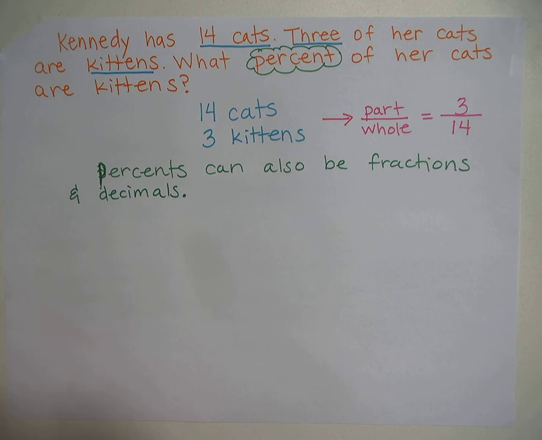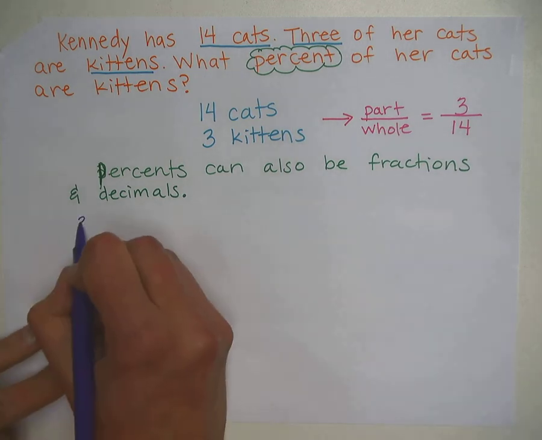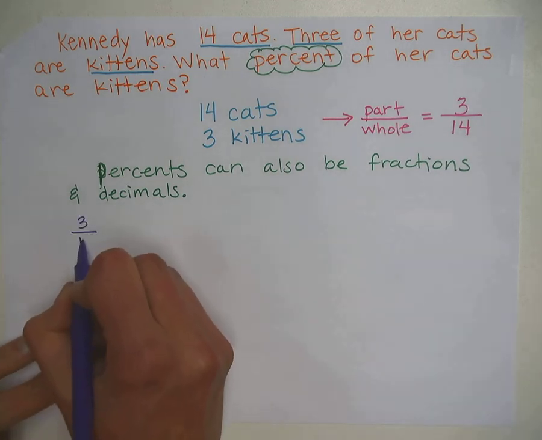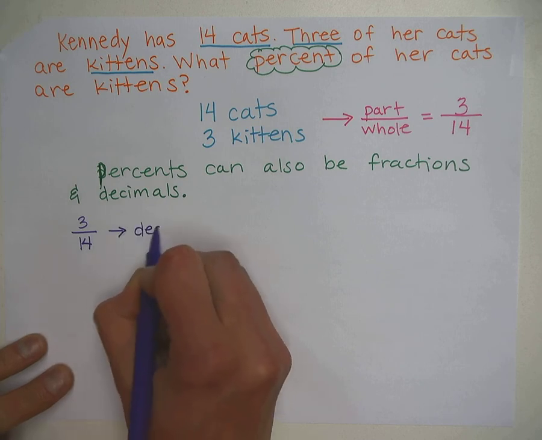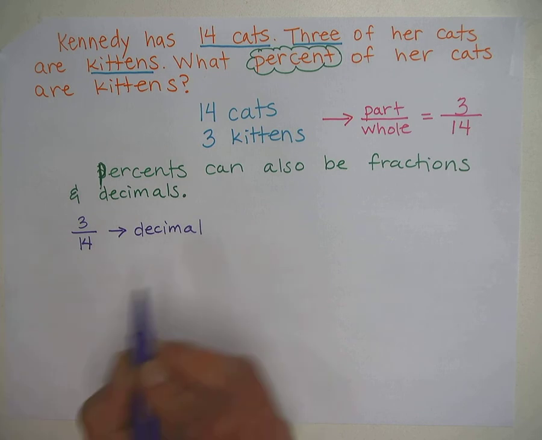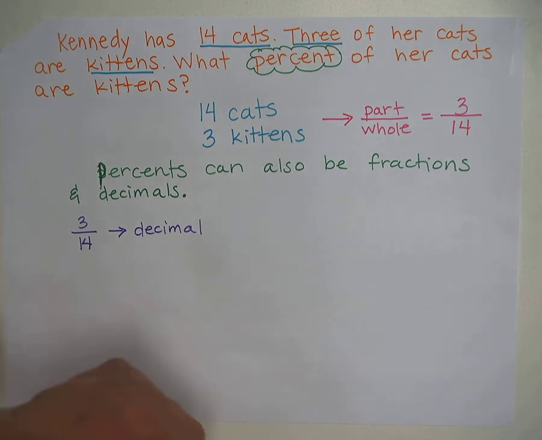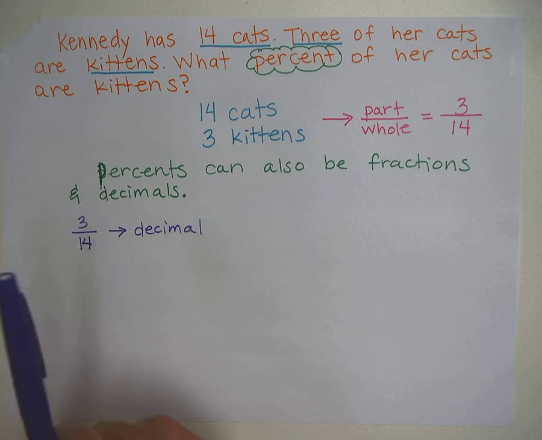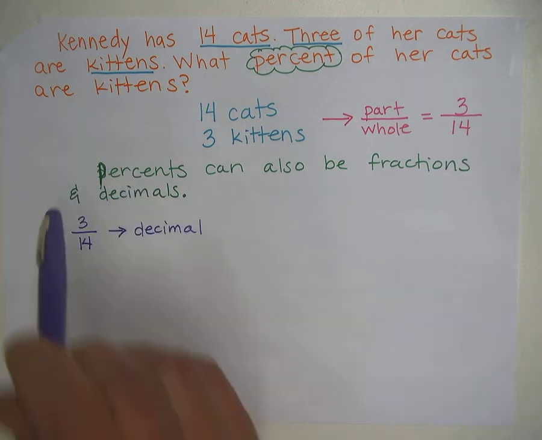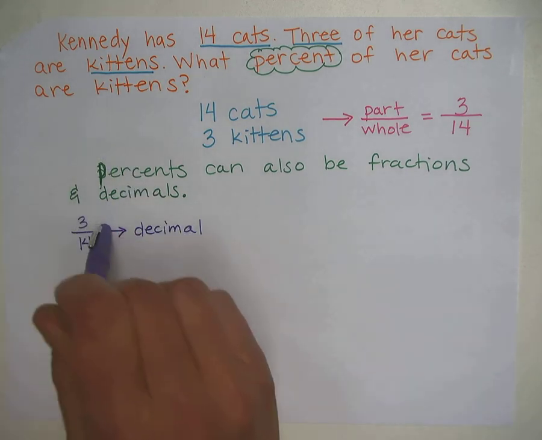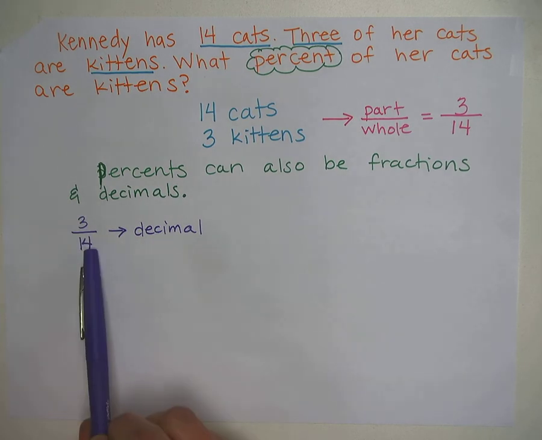So I'm going to turn the fraction 3/14 into a decimal. Now we've gone over this before, and what I always tell you guys is that all fractions are division problems. So since all fractions are division problems, I can divide 3 divided by 14 and get a decimal.